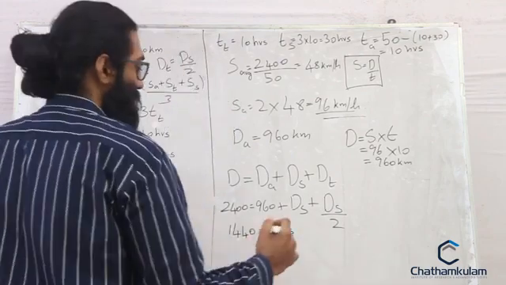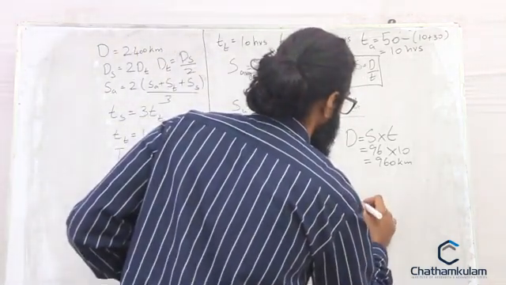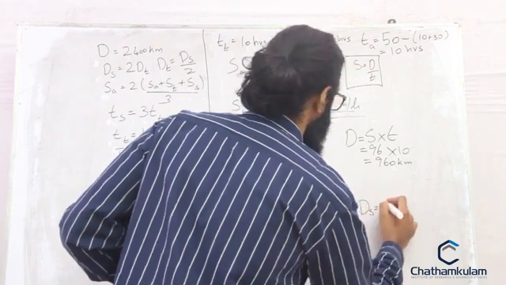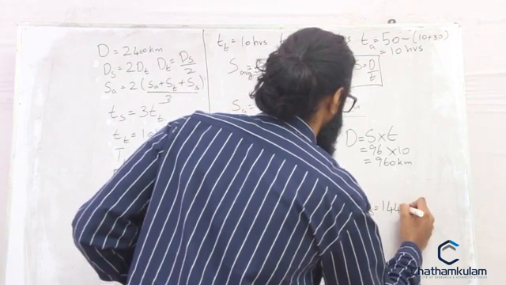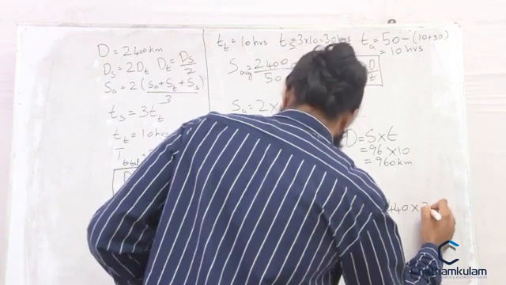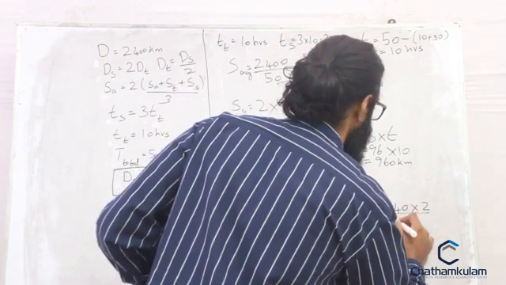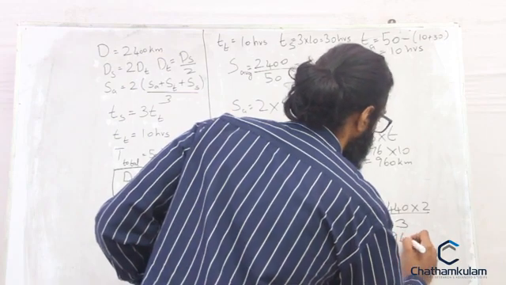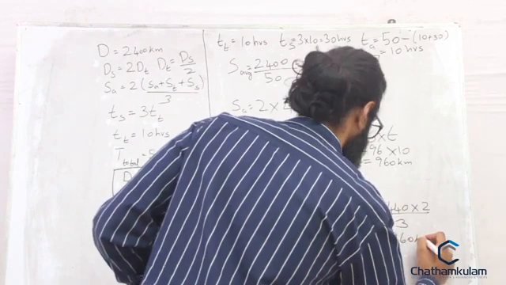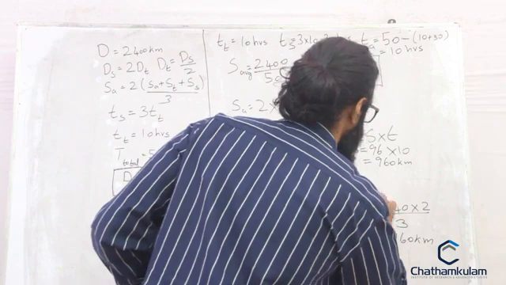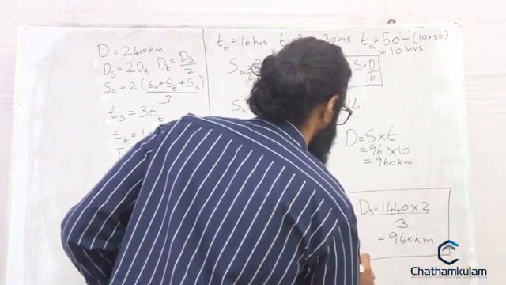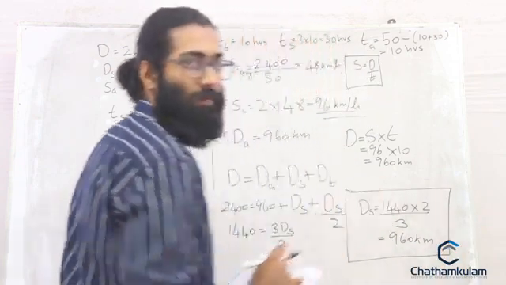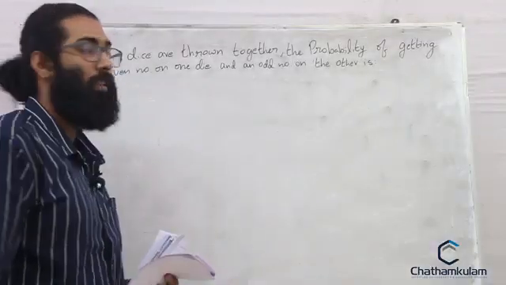So ds equals 1440 into 2 divided by 3, which is equal to 960 km. So this is the distance travelled in ship.